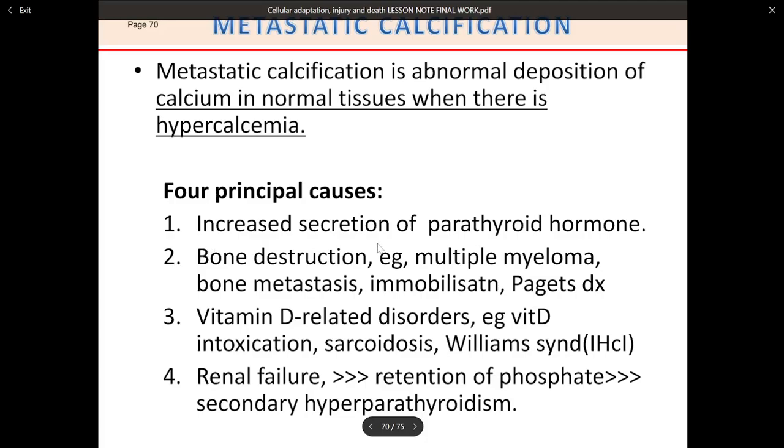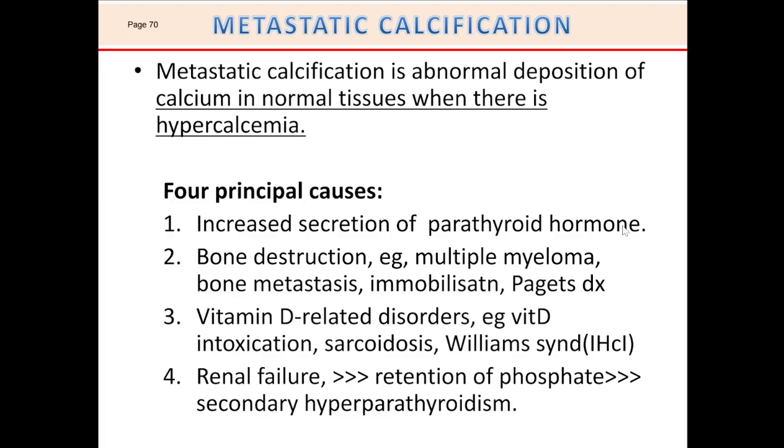Number one is increased secretion of parathyroid hormone. When there's increased secretion of parathyroid hormone, there'll be increased resorption of calcium from the GI tract, decreased excretion of calcium, and increased bone resorption, so ultimately an increase in the calcium level in the blood, resulting in abnormal deposition of calcium in normal tissue.